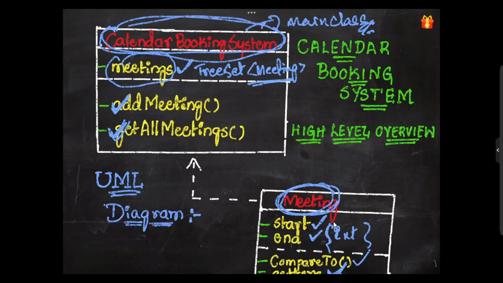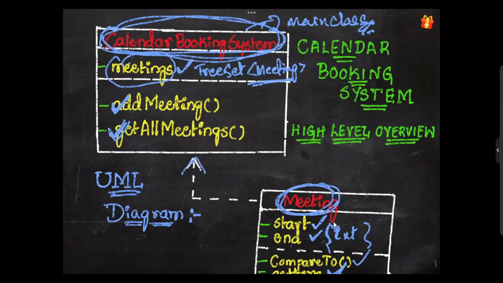So these are the two classes. One is the calendar booking system class, the main class, which consists of the attribute meetings and two methods: add meeting and get all meetings. The second class, the meeting class, is interlinked with the calendar booking system, and you can see the arrow mark here.